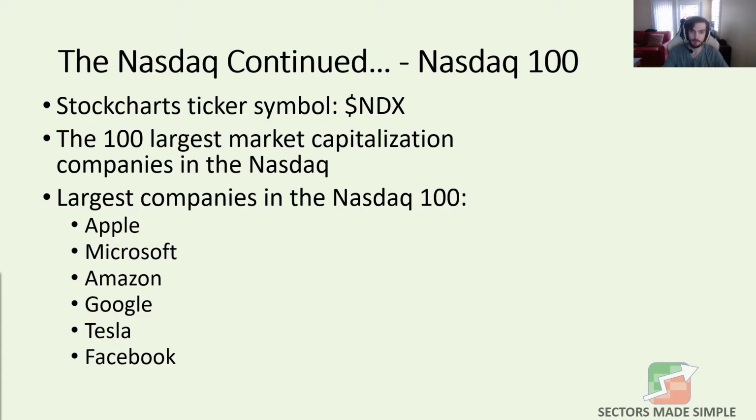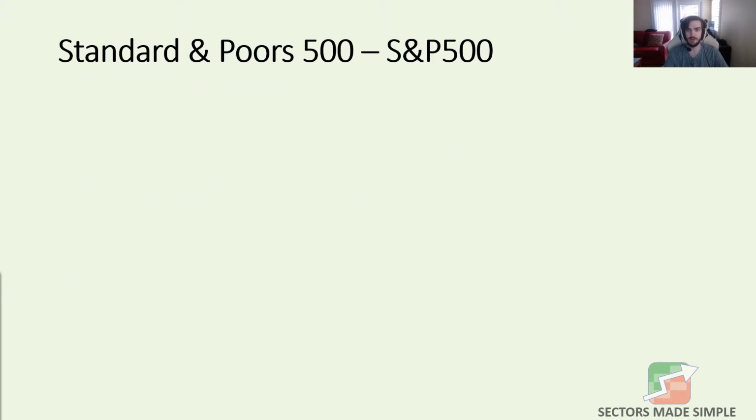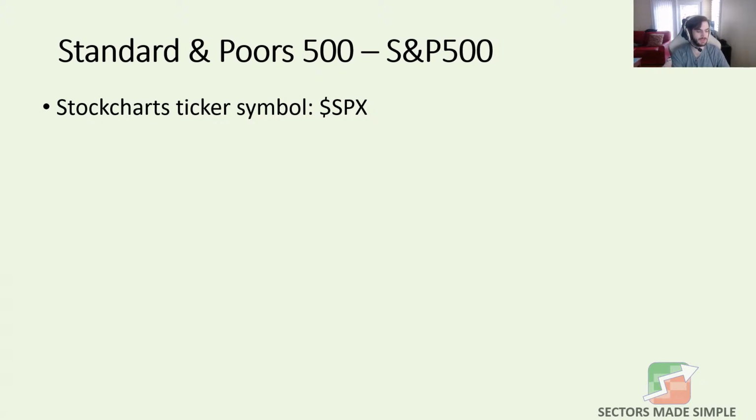Let's put them all together, and that is where we get the Standard & Poor's 500, or as many of you have heard before, the S&P 500. Now, the StockCharts ticker symbol for this is $SPX. $SPX is going to be the ticker symbol for StockCharts.